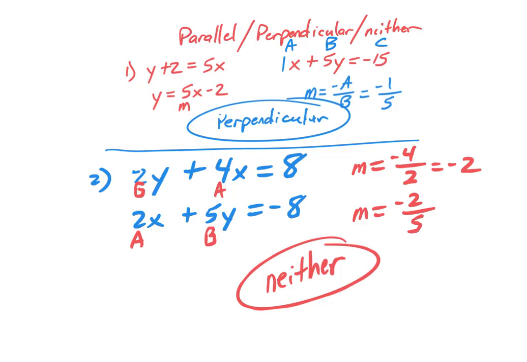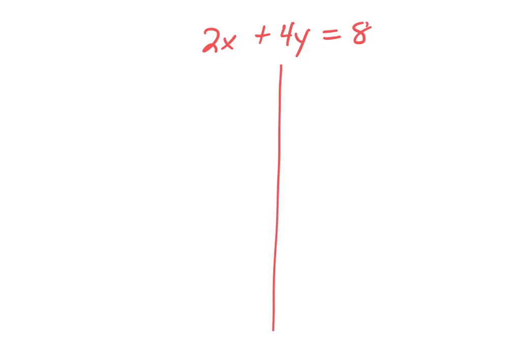Okay, last thing to talk about here. If I gave you an equation, 2x plus 4y equals 8. Hey, and you're going to have some problems today where it's going to ask us to write a new equation, and we're going to do two different equations.